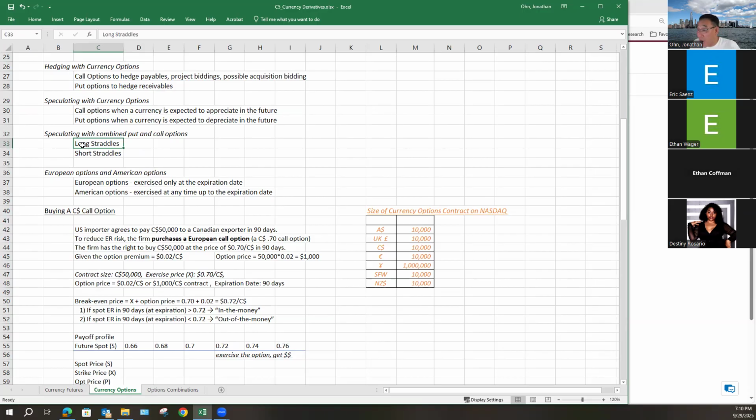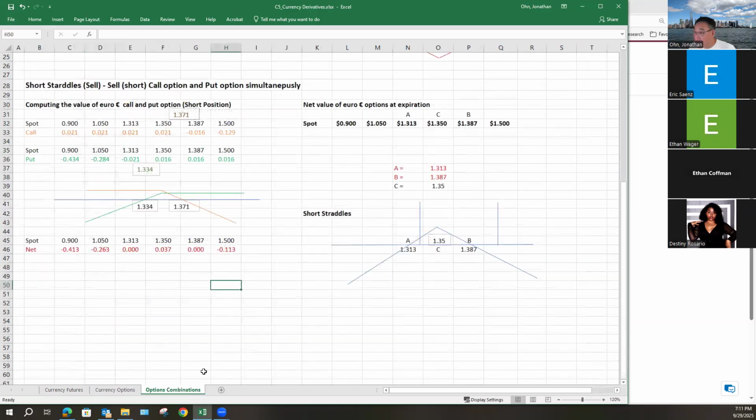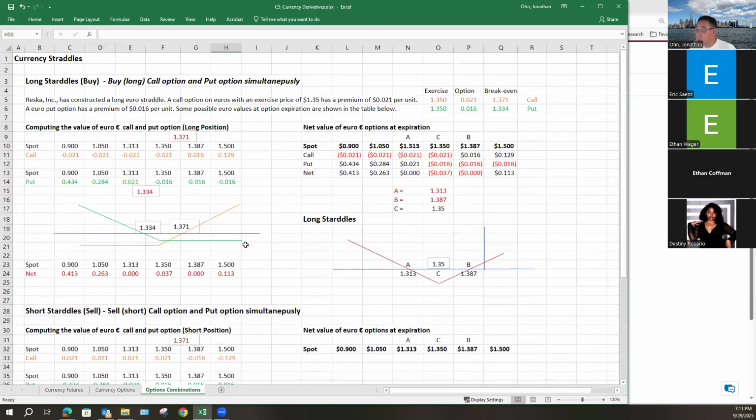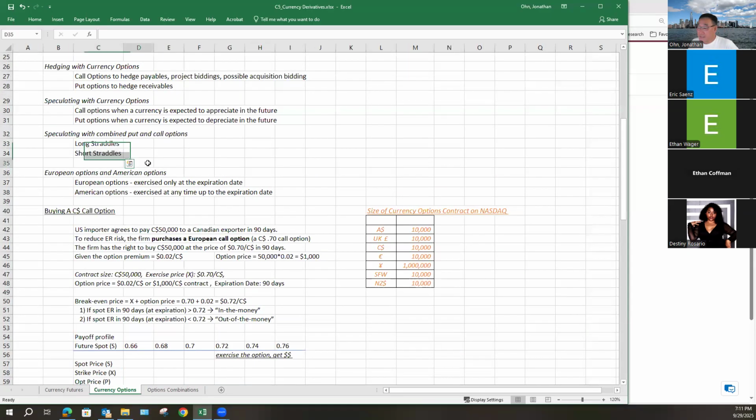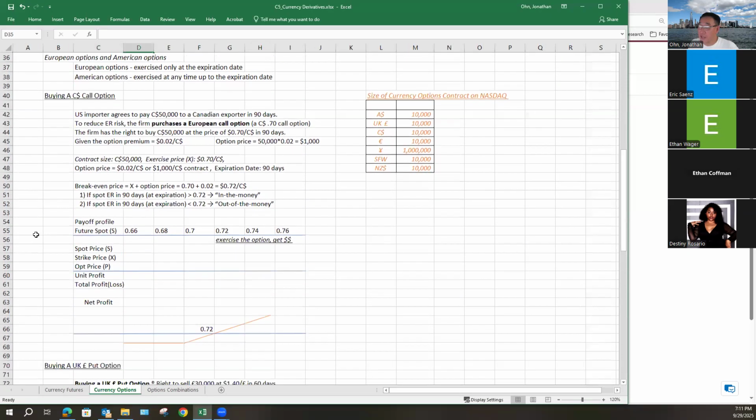Long means you buy, right? Buy a put option and buy a call option at the same time. That's called a long straddle. But if you sell a put and sell a call option at the same time, it is called a short straddle, right? We will talk about the long straddle and short straddle on the next page. All right, that's quite interesting. I'll show you that.